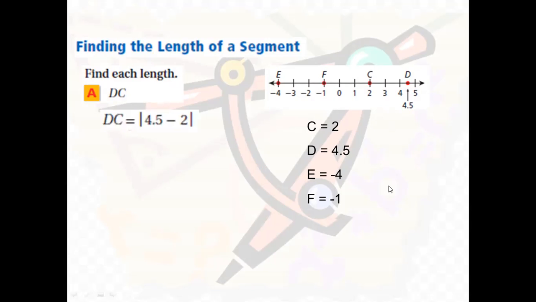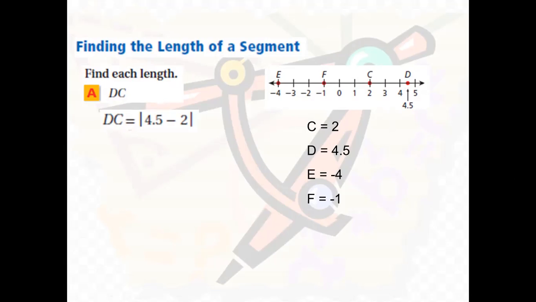So the steps first, all you need to do is put the coordinates inside the absolute value with a negative sign because we are going to subtract. To find the difference between D and C, from D to C, when you hear the word difference, you know that it means minus, it's subtract.